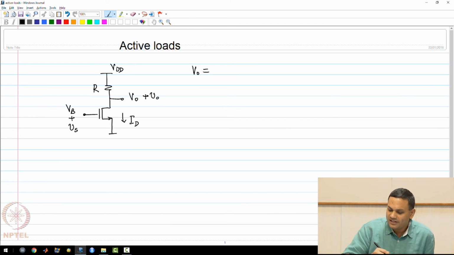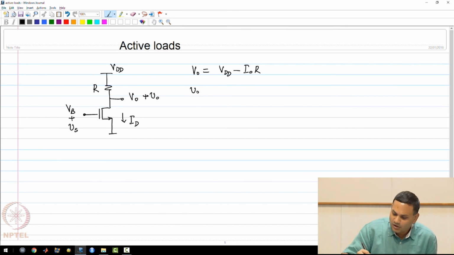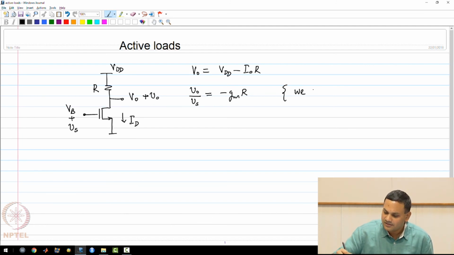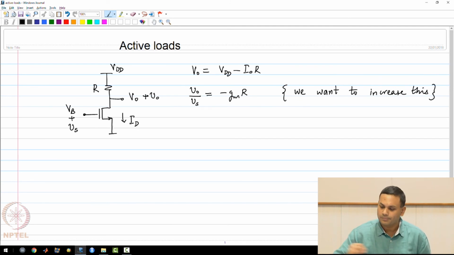But the voltage that we are interested in is the output DC voltage, which is VDD minus I0 R. And we know that for this circuit, the small signal gain vo by vs is minus gm R. Now let us say that we are trying to increase the magnitude of this gain. So this is what we are going to try to do.